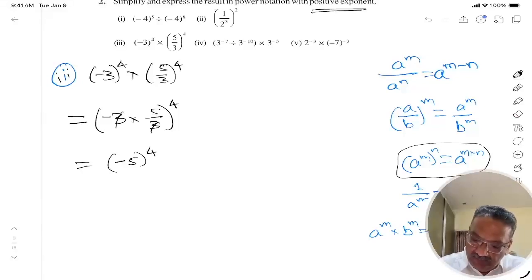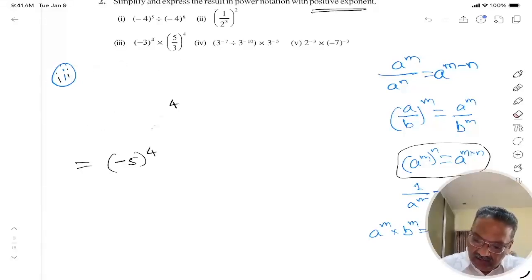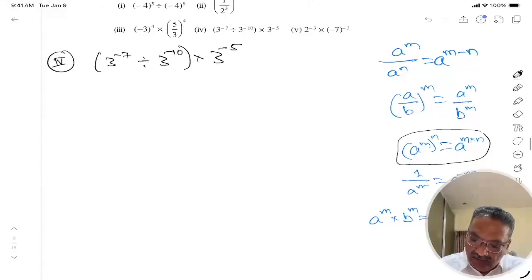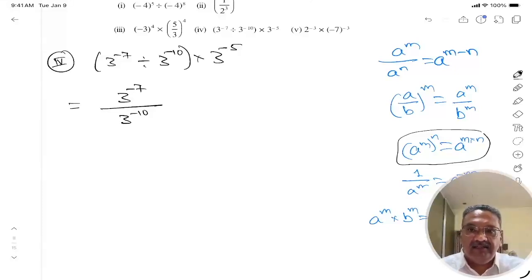Next, the fourth one. 3 to the power of minus 7 divided by 3 to the power of minus 10 into 3 to the power of minus 5. See, there is a division sign here already. Usually students make a mistake: as it comes below, the 3 to the power of minus 10 becomes plus 10. You should not do this mistake, because there is already a divide sign here.